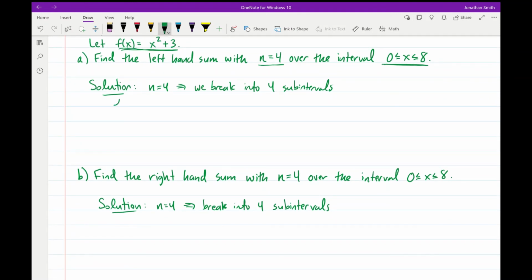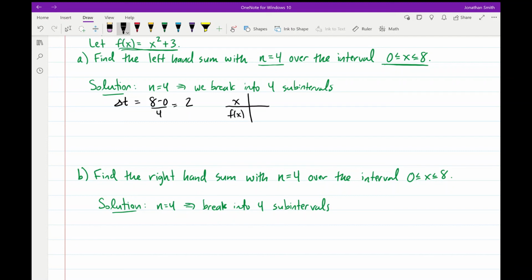So to find delta t, or the length of each of the subintervals, I'm going to take the length of the whole interval from 0 to 8, and divide by n. And this tells me that delta t is equal to 2. And from here, I can make a little table.